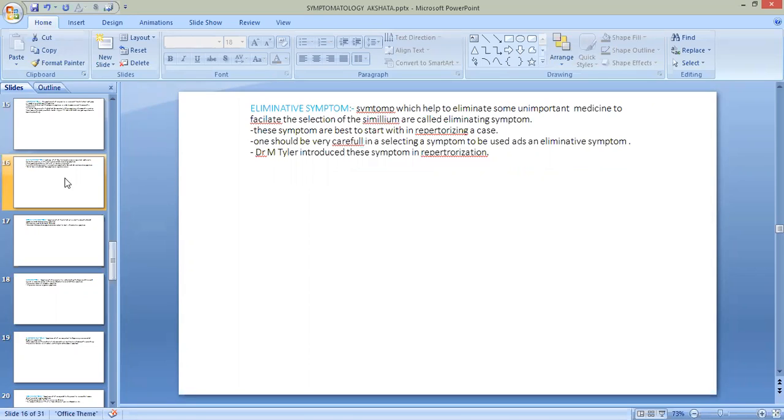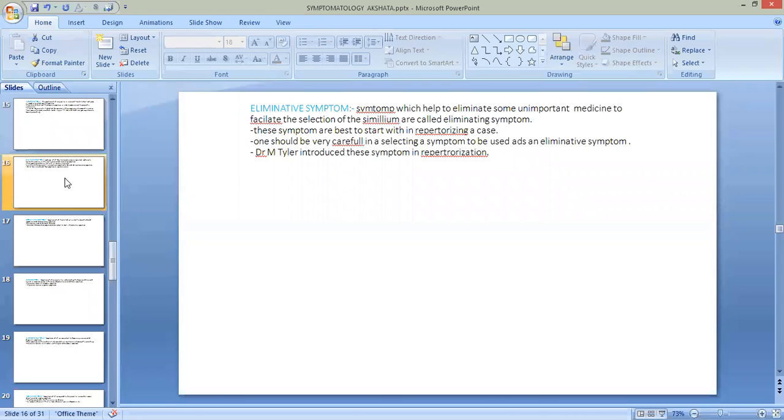The symptoms which help to eliminate some unimportant medicine to facilitate the selection of the similimum are called eliminating symptoms.